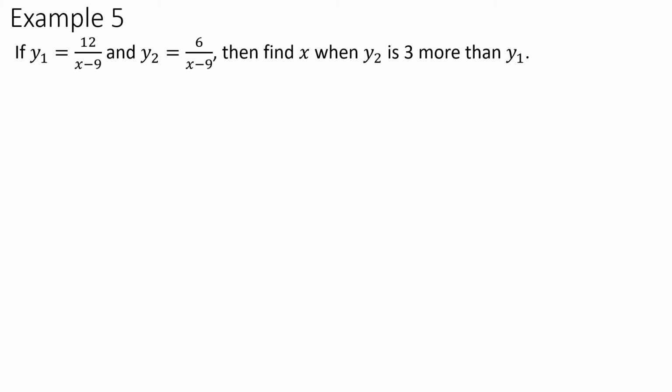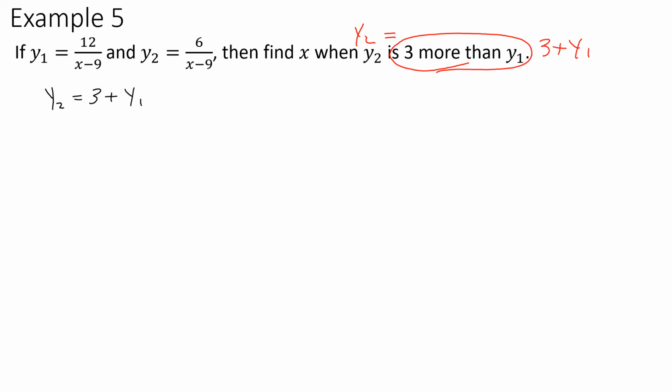I want to look at the part of the question that says 3 more than y1. 3 more than y1 is 3 plus y1, or y1 plus 3. So we have y2 equals 3 plus y1. That's how I'm going to start.